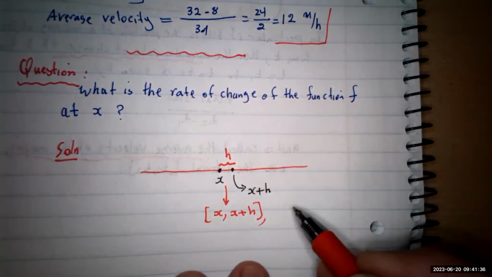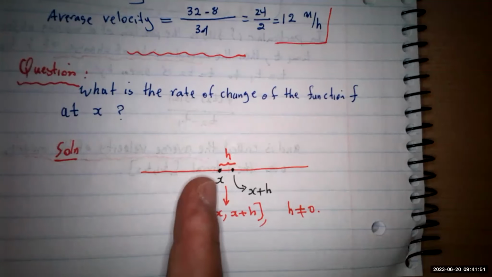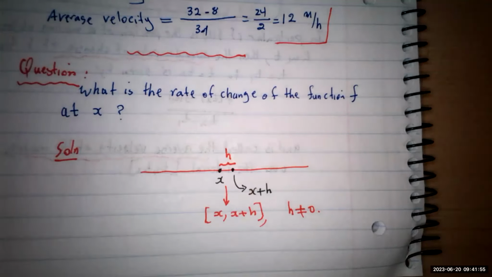H is any number you like. H is a non-zero number. So I'm going to make a target for myself. I would like to estimate at X, but I go a little bit to the right, or to the left.